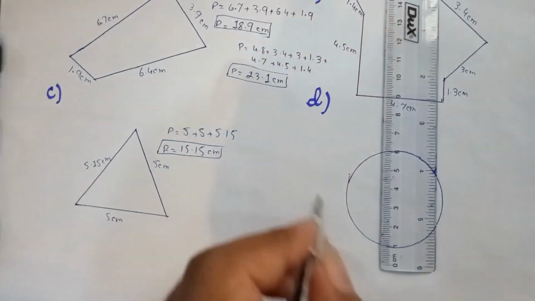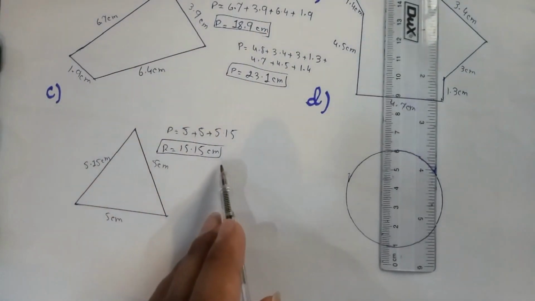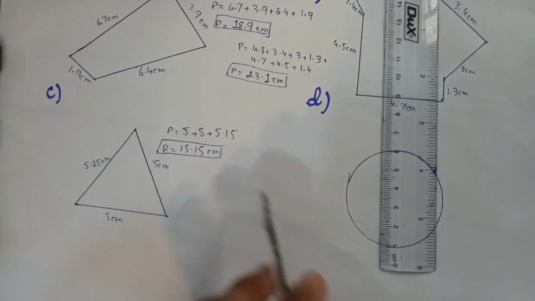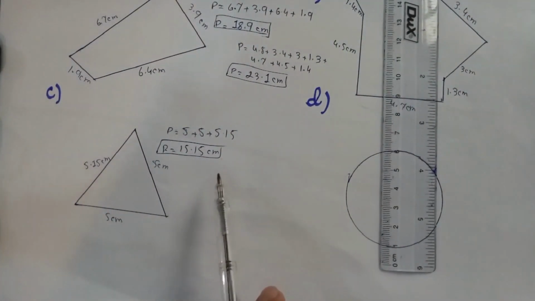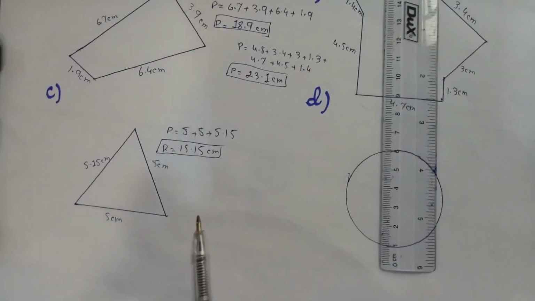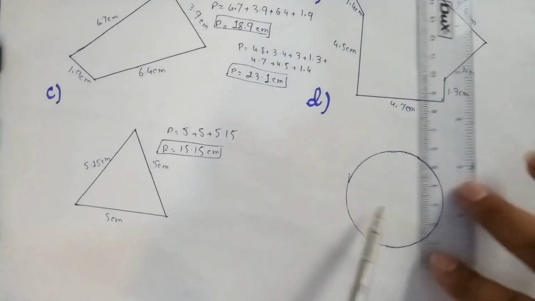Here we can say the perimeter is in units. Units is centimeter here, so it is in centimeters, and the area is in square units. So if the unit is centimeters, the area will be in square centimeters. Clear? Okay, so now we have this circle.